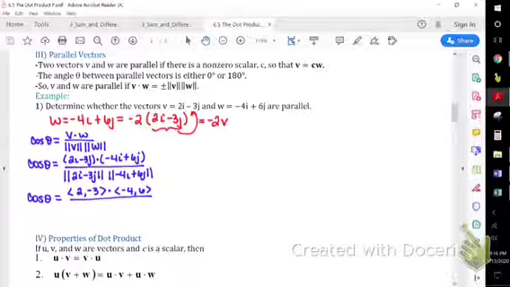Over that, I'm going to use the formula for the magnitude: for v, the square root of 2 squared plus negative 3 squared, times the magnitude of w, the square root of negative 4 squared plus 6 squared.